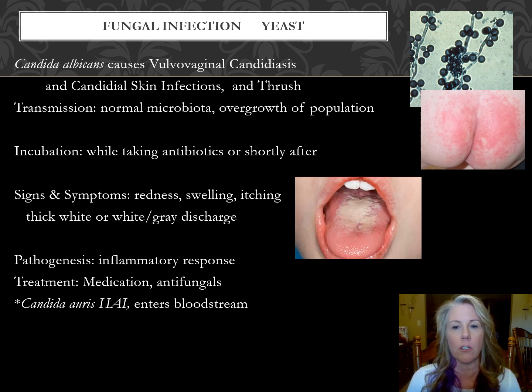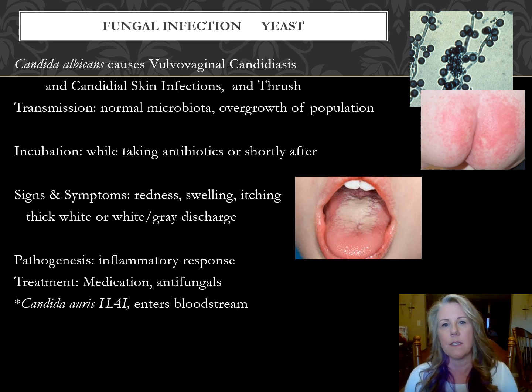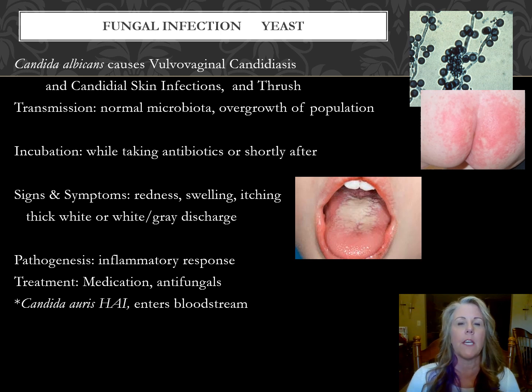Now the thick white or gray, that is the fungi. That part is the fungi, but the bright redness and the itchiness and the swelling, that's all as a result of the immune system or the natural resistance trying to take down that population of Candida. It's what we call the inflammatory response.